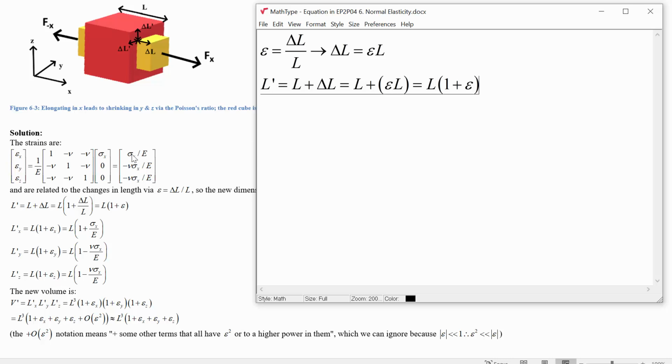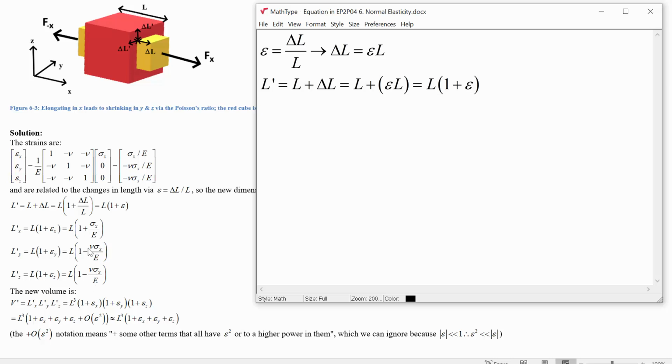And by substituting in these things that we found, we see that the new x dimension is the original length times 1 plus the stress over the Young's modulus, right? So this kind of helps understand what stress really does, and what Young's modulus means. If you apply a stress that's 1/1000th of the Young's modulus, you'll get it to go to 0.1% longer length, right?